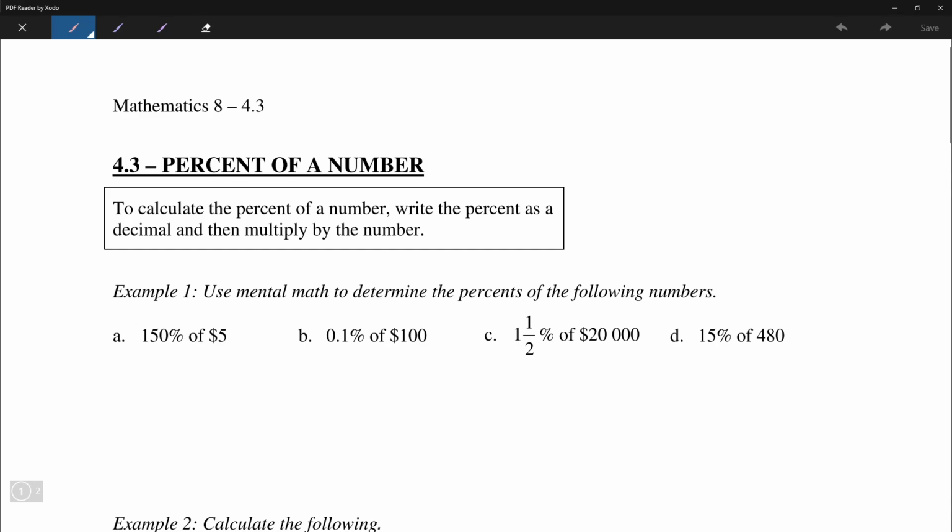In example 1a, we have 150% of $5. So first of all, 100% of $5 is of course just $5, and 50% of $5 would then be half of that amount, which is $2.50.